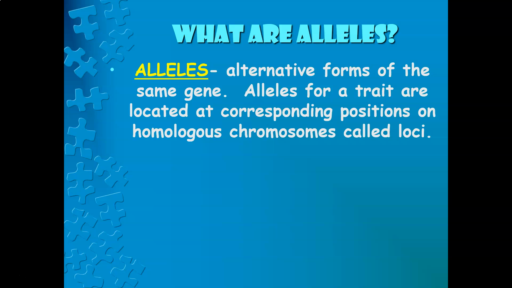So if I'm going to go through and do transcription and translation of the eye color gene, I need to be able to understand that the eye color gene exists on this chromosome at this location, and I'm not only going to transcribe and translate it on the chromosome your mother gave you, but we're also going to do the exact same thing at the exact same time on the chromosome that your father gave you, so that the proteins that are created from both of those sets of information are then working together within your cells to then drive the physical phenotype, the physical trait that you end up seeing as either blue eyes or green eyes or brown eyes.